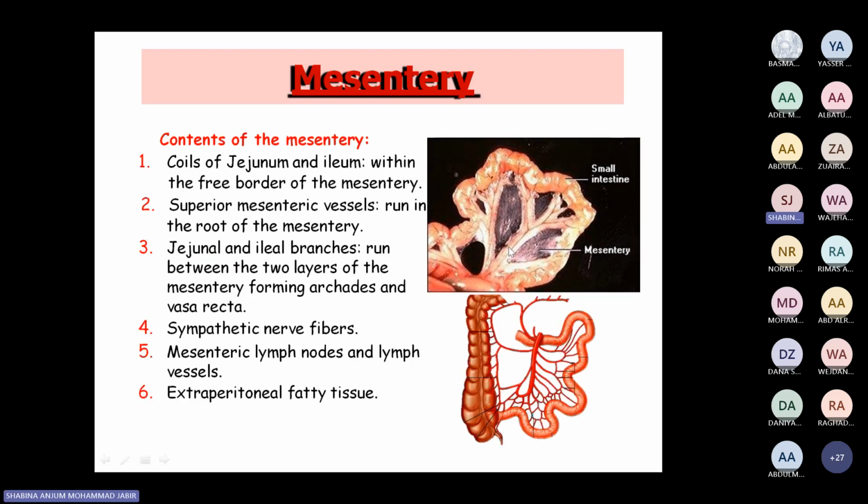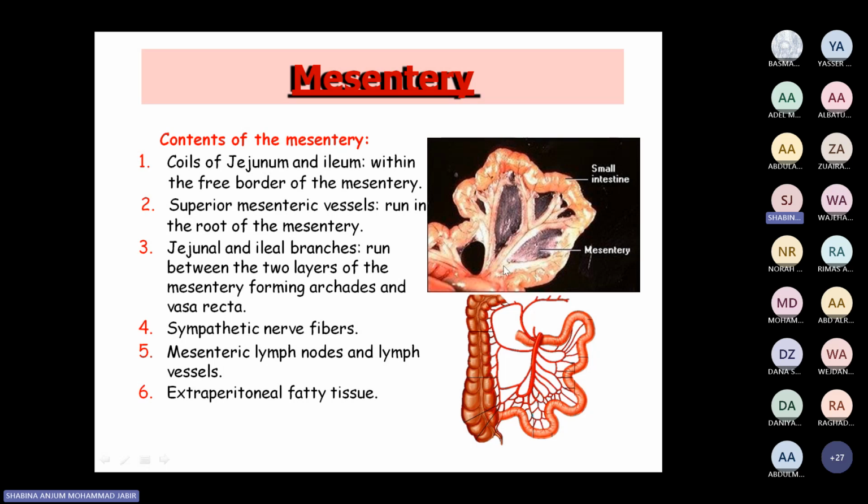What can you see in the mesentery? Here you can see that this mesentery has some blood vessels. It will have fatty tissue, mesenteric lymph nodes and lymph vessels, and sympathetic nerve fibers.